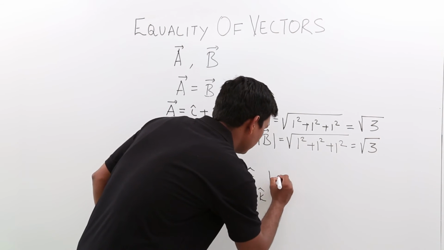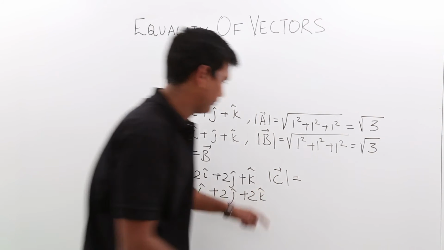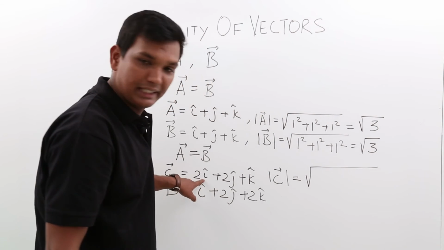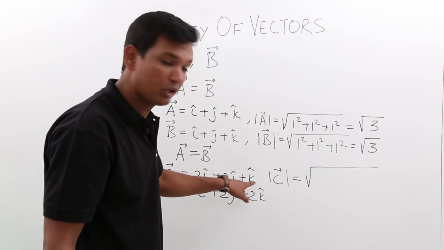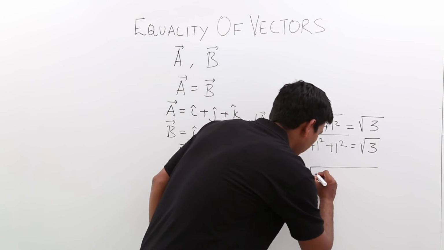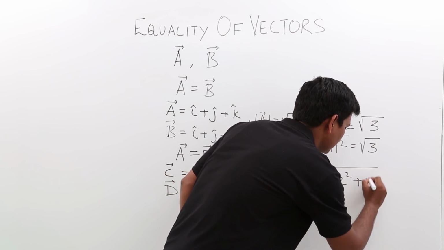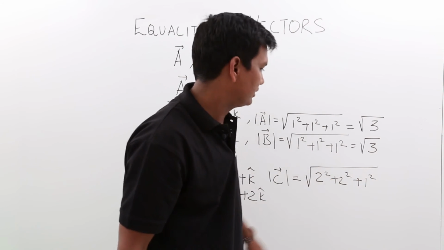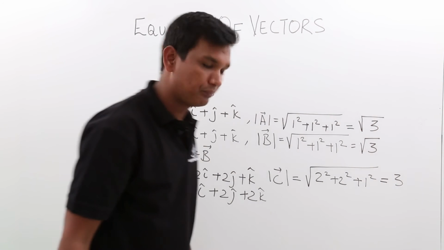The magnitude of c vector would be given by the square root of the unit along x square plus unit along y square plus unit along z square, which comes out to be 2 square plus 2 square plus 1 square, and this is 4 plus 4 plus 1, that is 9, and root over 9 is 3.